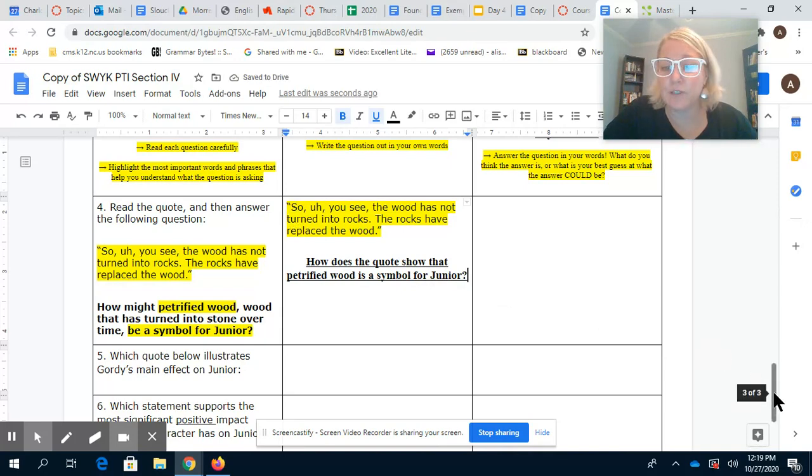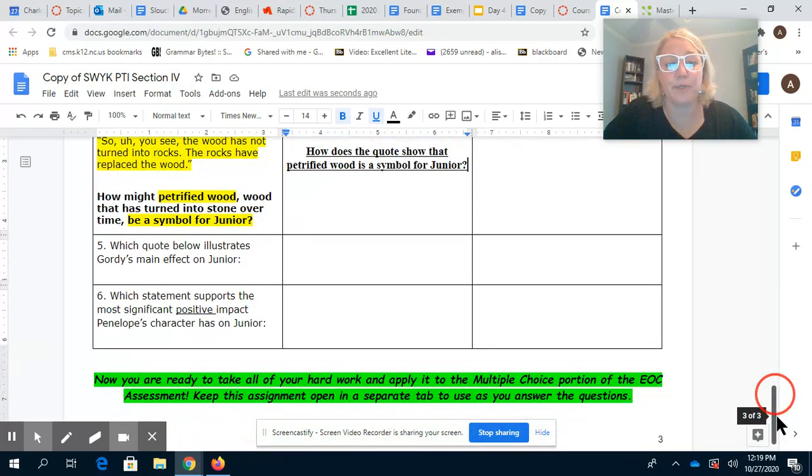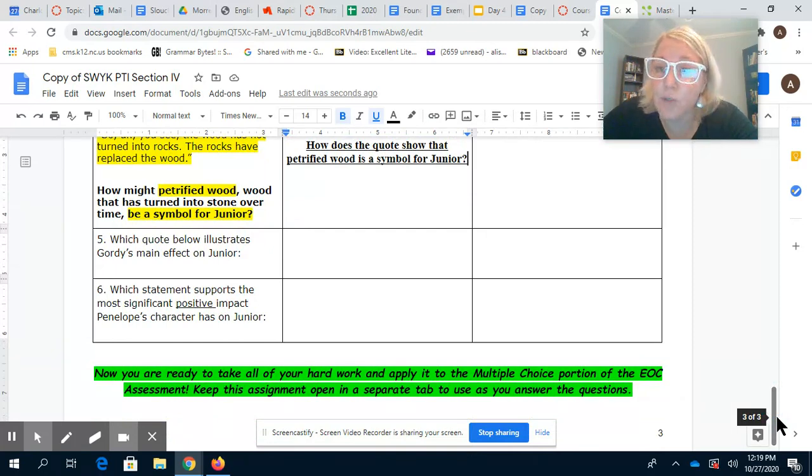Now we have 2 final questions to go. Both are pretty straightforward, so I'm going to have you guys do those 2 on your own. So first, step 1, you read the question, and then you highlight the most important words or phrases. And then in step 2, put those questions into your own words. So number 5, which quote below illustrates Gordy's main effect on Junior? Okay, I remember talking about that.